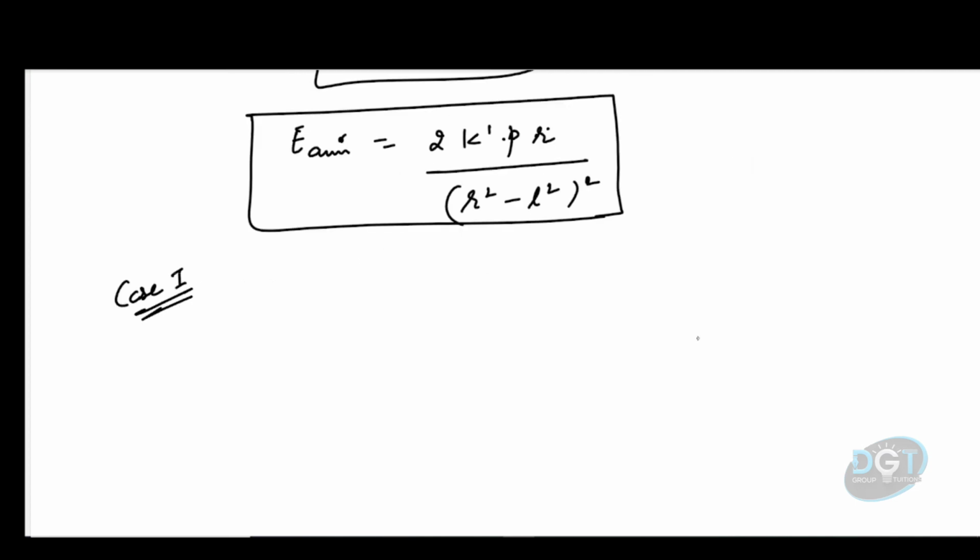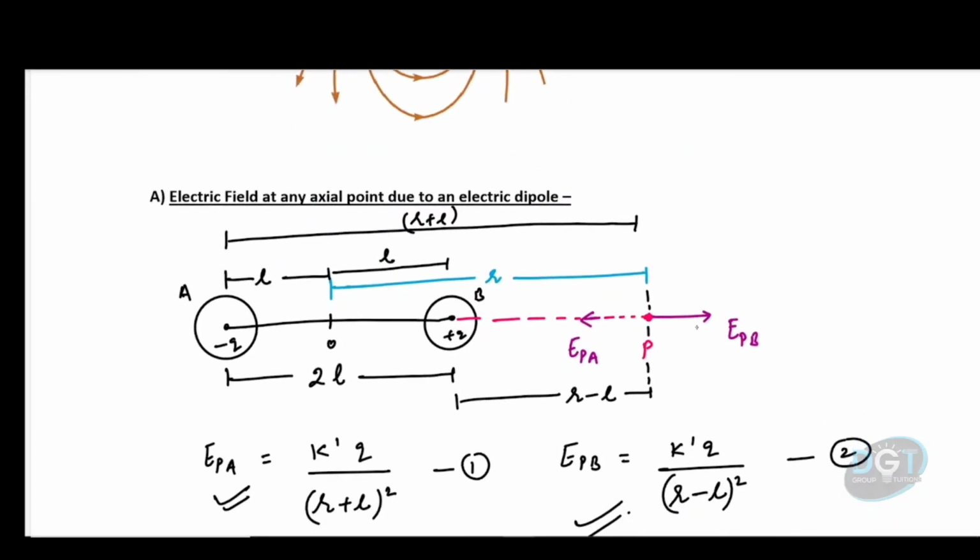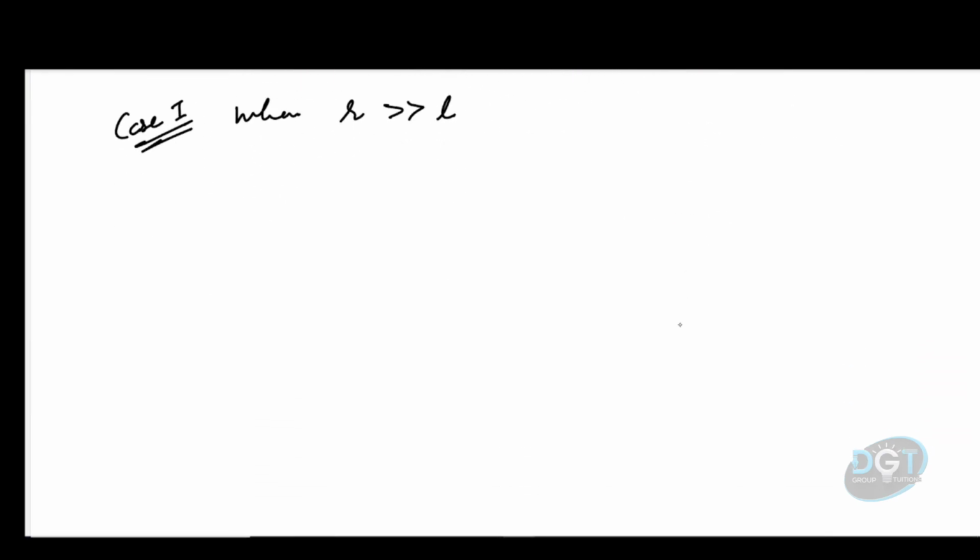Case 1: when r is much greater than L, meaning the distance of the point is very far compared to the distance between the two charges which form the dipole. Then what happens? Then r square minus L square is nearly equal to r square.